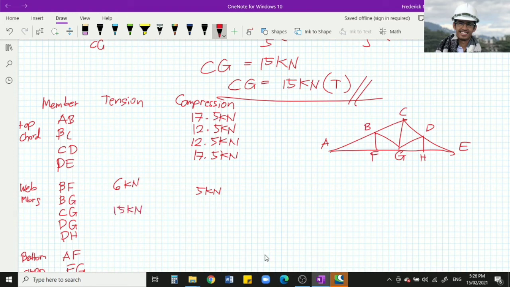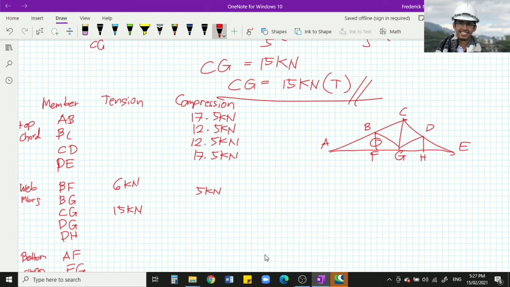Ayan. And for the DG, 5 kilonewton. Same lang din siya. Yung BF natin and yung DH pala. So, for the DG, same siya dito sa BG.